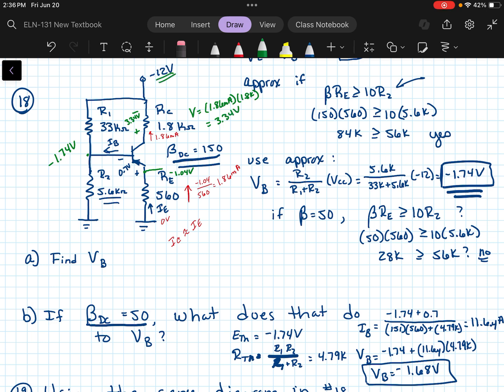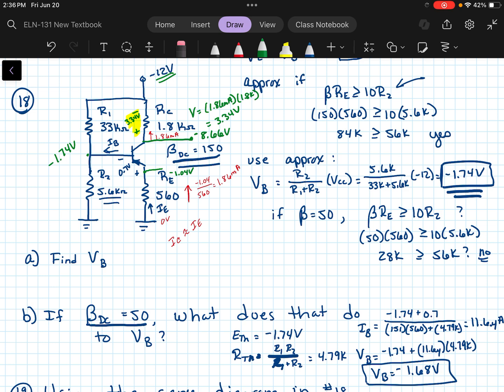Okay, so if we have a negative 12 here, and then we see basically a voltage rise of 3.3 volts, that means that on the other side we should have 8.66 volts. So I'm going to keep that in green. So about 8.66 volts here.